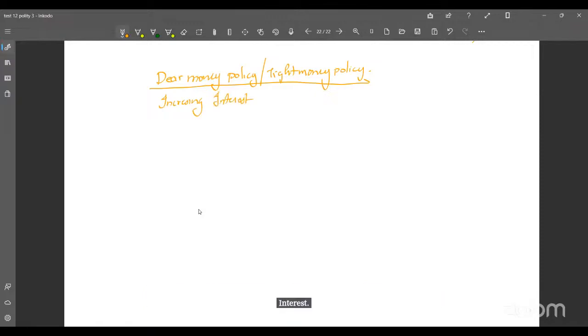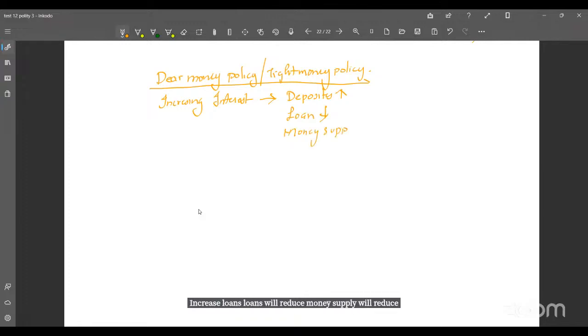If I increase the interest, deposits will increase. Loans will reduce, money supply will reduce, investment will reduce, employment will reduce.